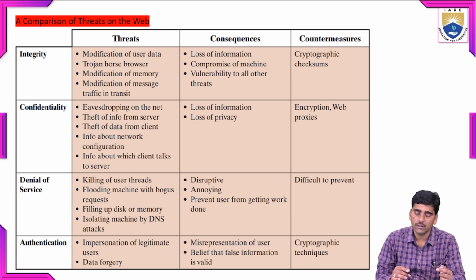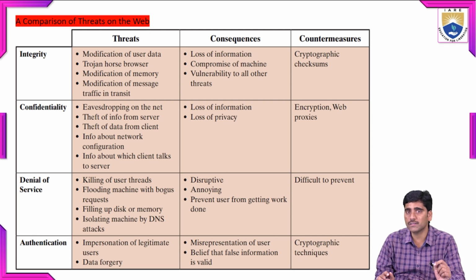So here the first one is integrity threats. Based on the services offered by the web, the threats can be divided into 4 types. First, integrity threats. Second, confidentiality threats.